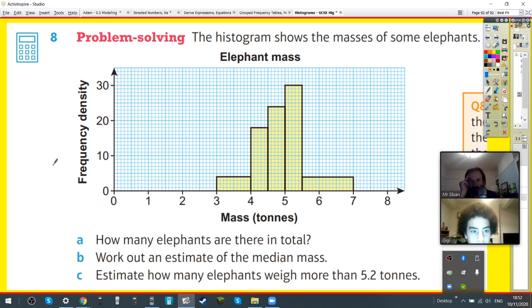Hang on, how do you get 1.2? 3 times. Oh no, it'll be 12. How do you get 12? 3 times 4. 1 times 4. Oh, it'll be 4. Sorry. Yep.